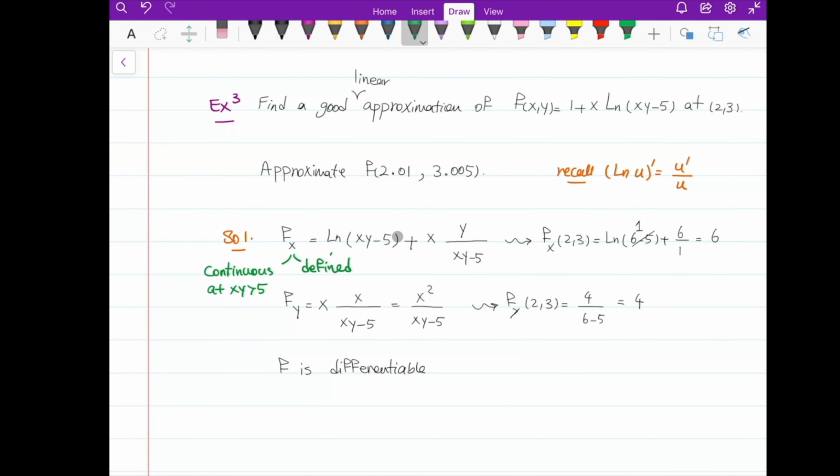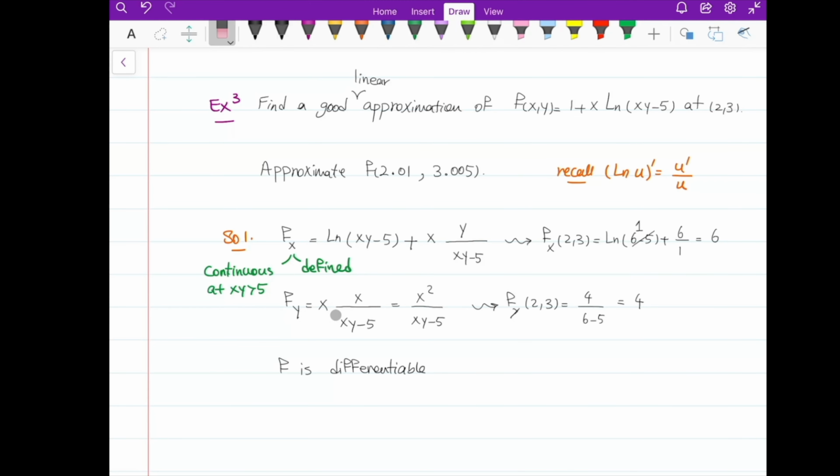And I don't want to make it equal to 5, just because it makes my denominator 0, which is not good. So fx is defined because I got a number, and it's continuous. ln is continuous when the inside function is positive, and I have a fraction with a polynomial on top and a polynomial on the bottom, and the denominator is not 0 on this interval, which is the neighborhood of (2, 3). Any neighborhood that is close to that would satisfy this condition in here.